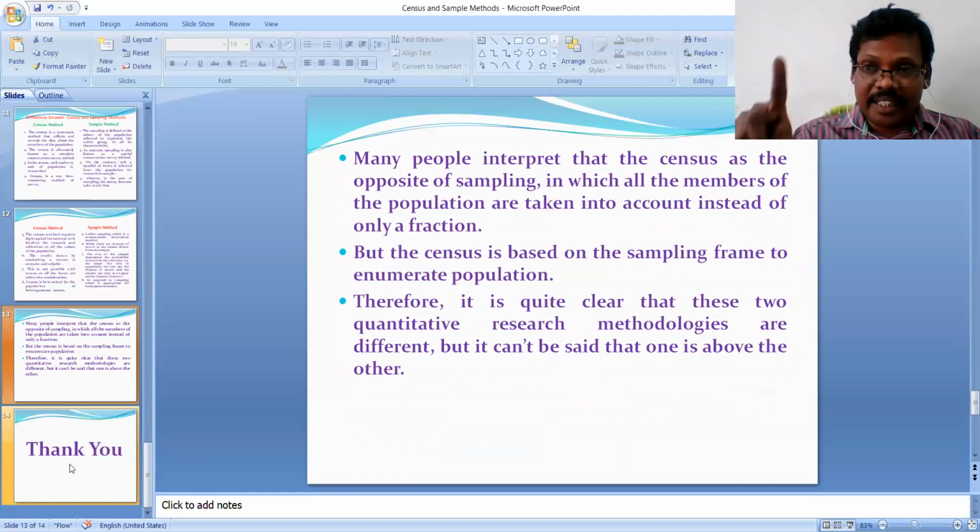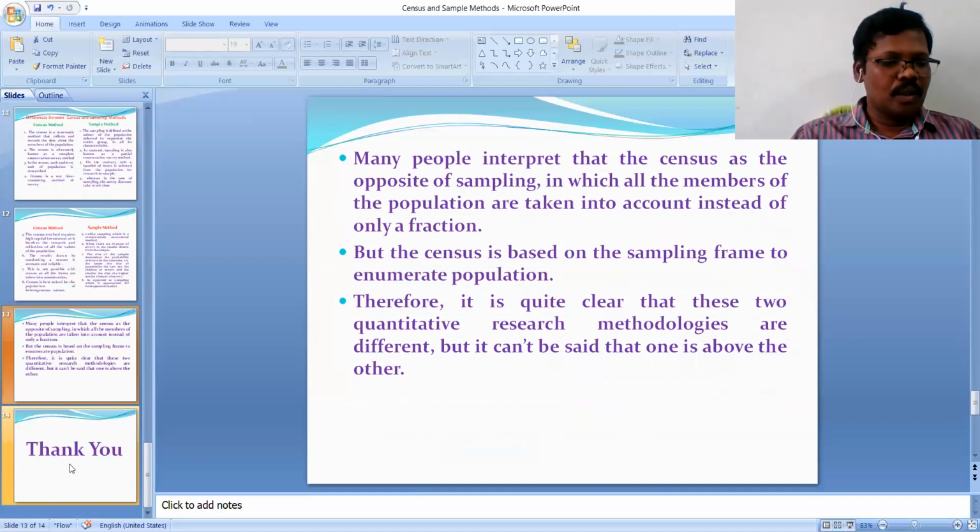But when the population size is large, we definitely have to go for the sampling method, where we save time, money and energy. And where there is no time, if we use the sampling method, we can get the result immediately.